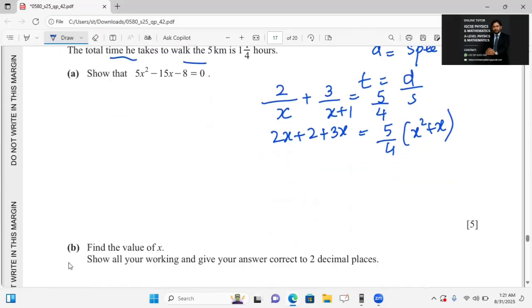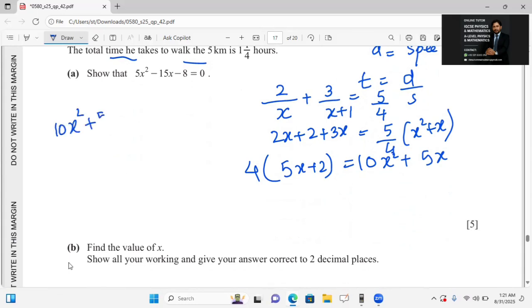Let's simplify a little bit. So it is 5x plus 2 should be multiplied by 4, which is 20x plus 8, equal to 5 times x square plus x, which is 5x square plus 5x.